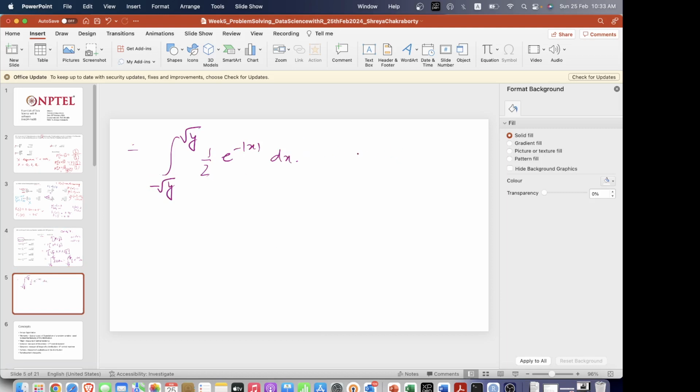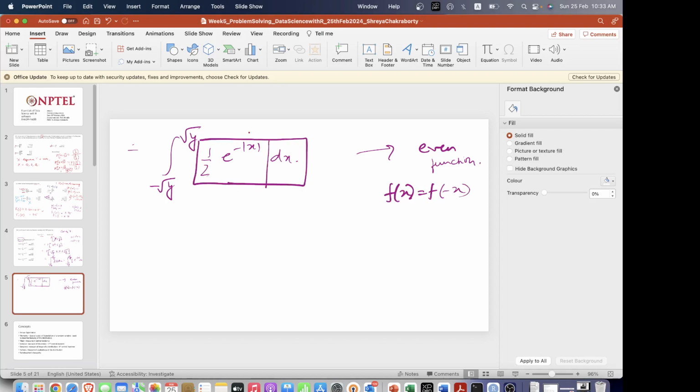Now this is an even function. What do we mean by an even function? An even function means that f of x is equal to f of minus x. This part.